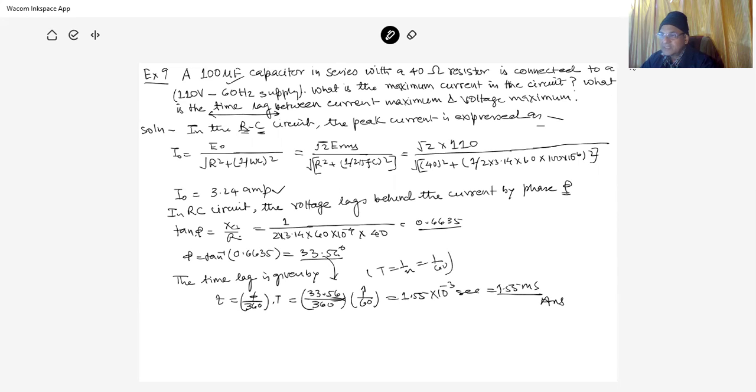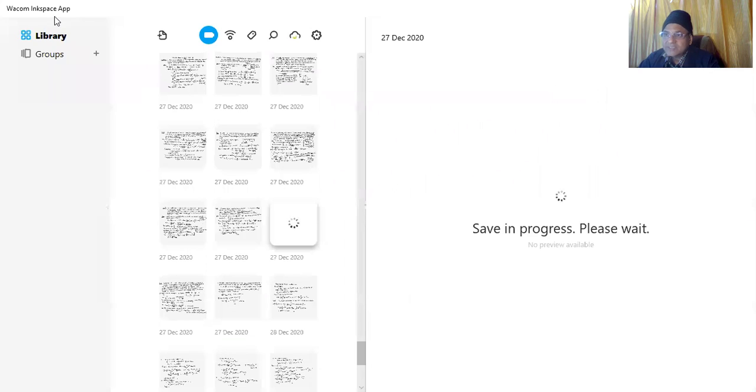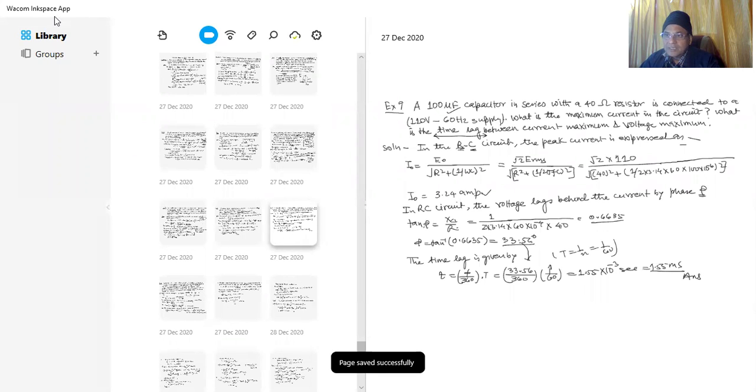After solving, it is 1.55 millisecond, because it is 10 to the power minus 3. So this one is the example.